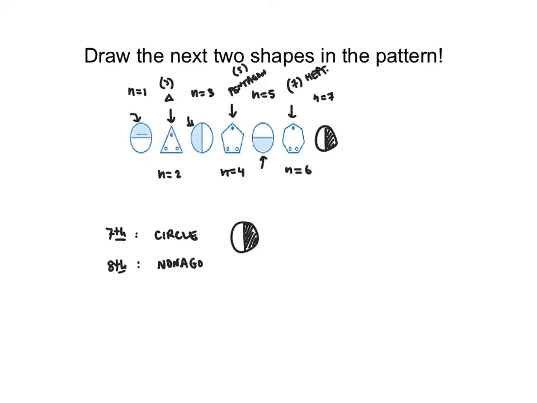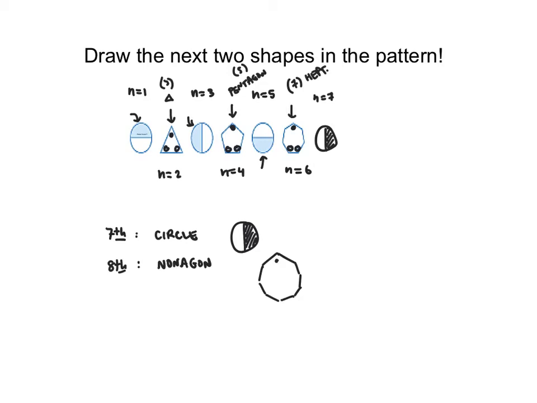Now there is also some sequence work going on within the shape itself. You can see that I've got open circle, closed circle, open circle, closed circle, open circle, closed circle. So I'm expecting a nonagon. Let's see if I can draw one. 1, 2, 3, 4, 5, 6, 7, 8, 9.